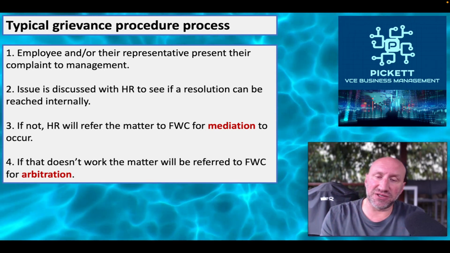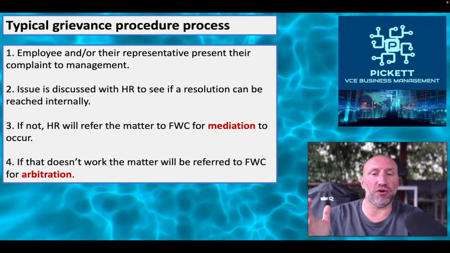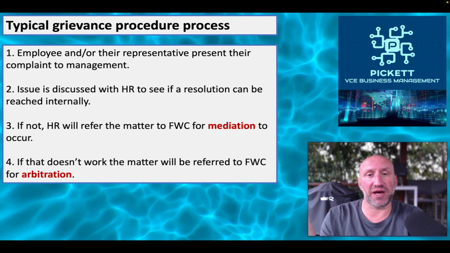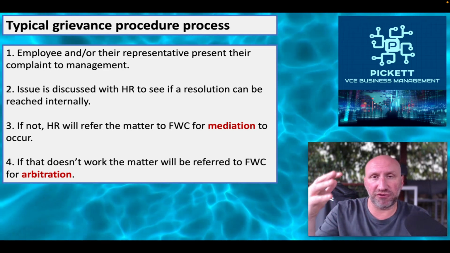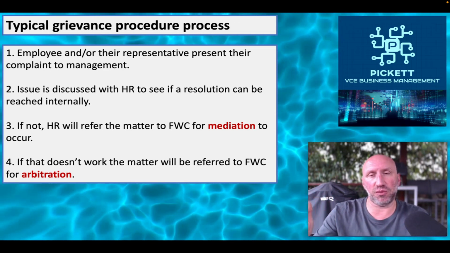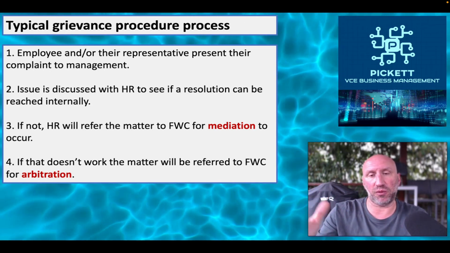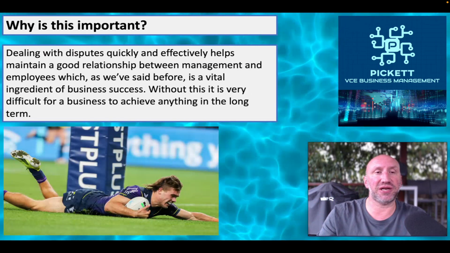And if that does not work, then it will be referred to the Fair Work Commission for arbitration. So step one, resolve it internally. If that can't happen, we go to mediation. If that does not work, then we go to arbitration. That will all become more clear when we look at what mediation and arbitration actually are.